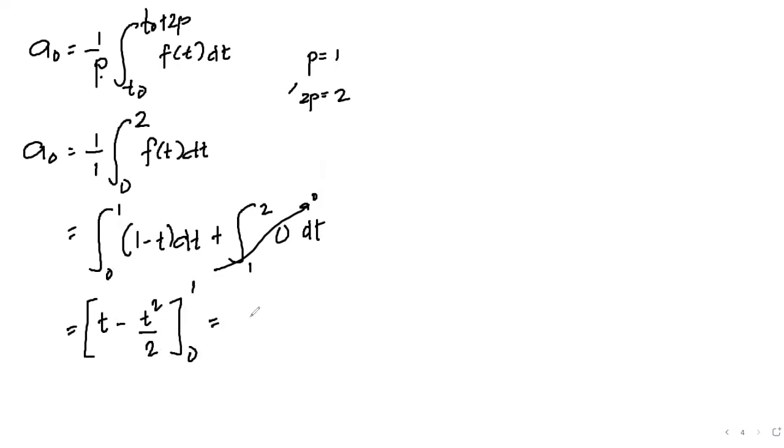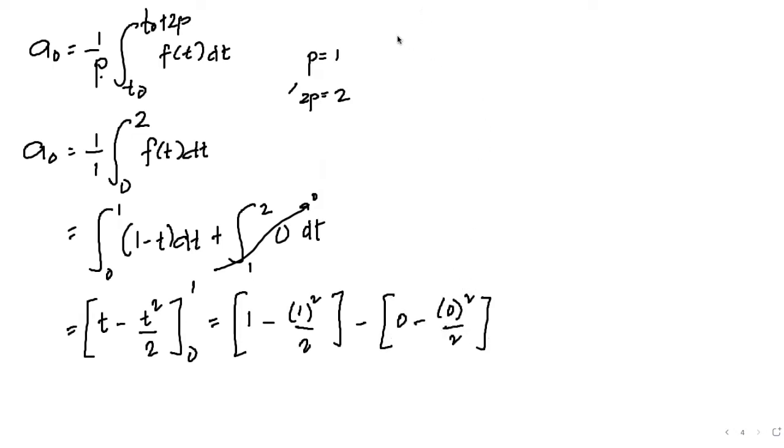Now we apply the limit, upper limit first minus the lower limit. So 1 minus 1 squared over 2. Applying lower limits, so we have 0 minus 0 squared over 2. Basically, this term is 0. Now a sub 0 is equal to, so 1 minus 1 half is 1 half.